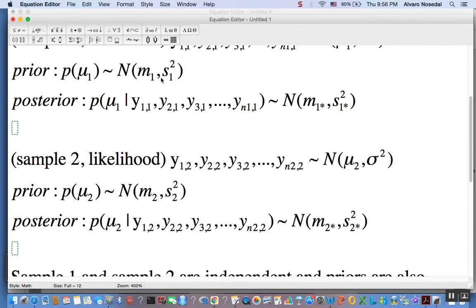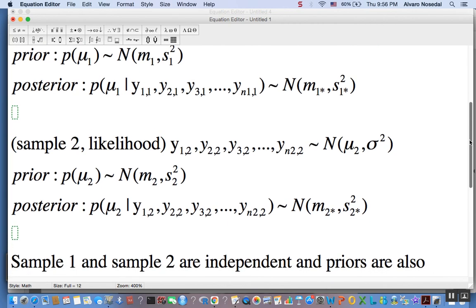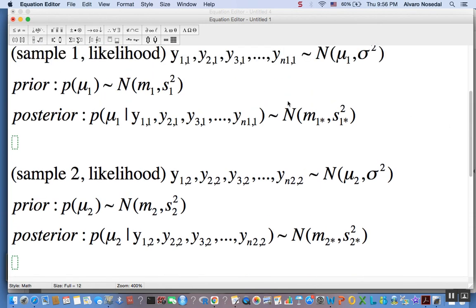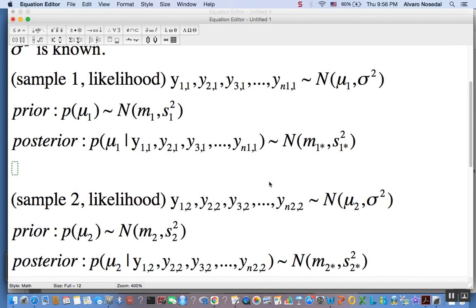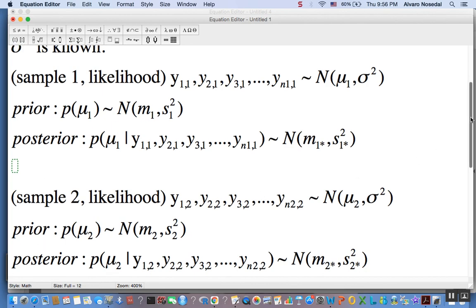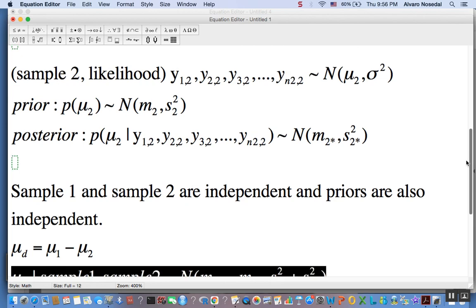Note that these ideas also apply for flat priors. So we know that in those cases, when the priors are normal or flat, the posteriors will be normal.